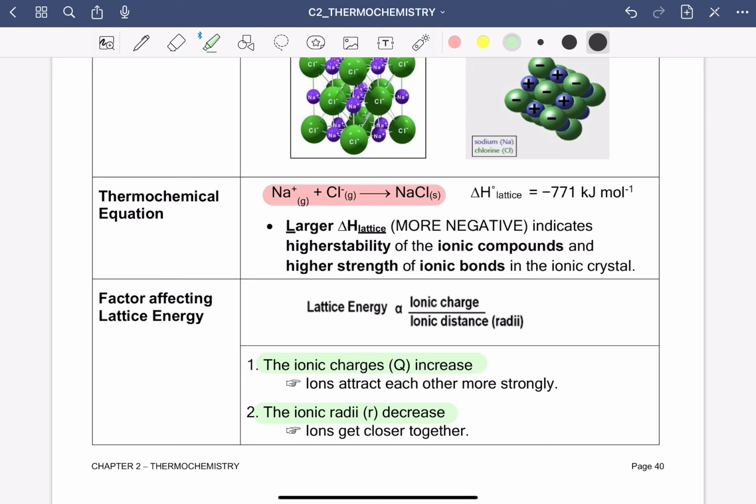The ions will get close together, and when the ions get close together, they have a very strong attraction, and therefore more energy will be released to produce this.